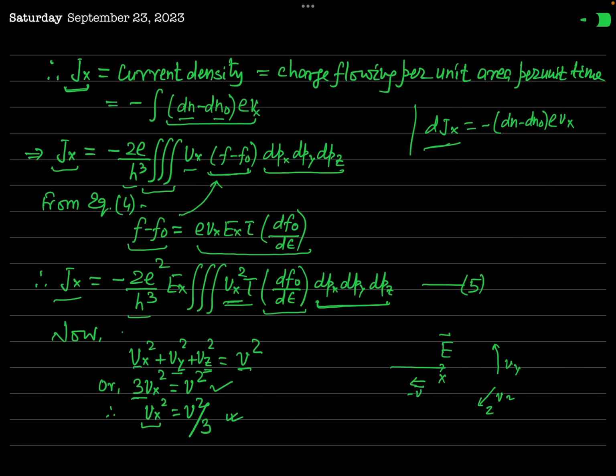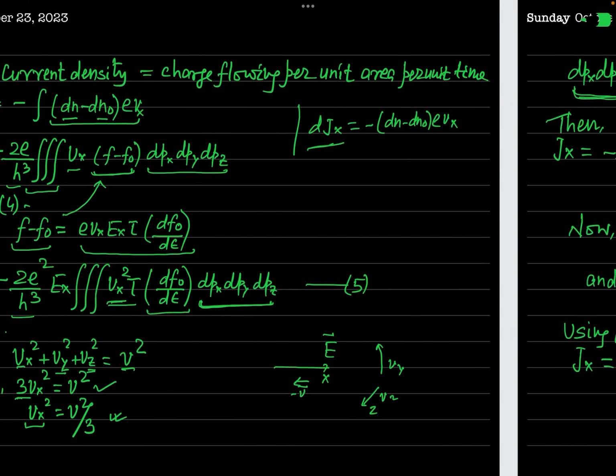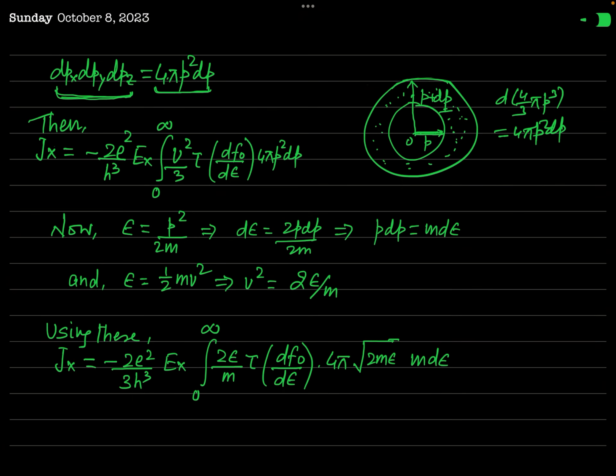So replace this dpx, dpy, dpz in this equation 5 by 4 pi p square dp, and after replacing it you will get that jx is equal to this much. This is minus 2e square over h cube ex integral 0 to infinity v square over 3 tau df naught by d epsilon 4 pi p square dp.